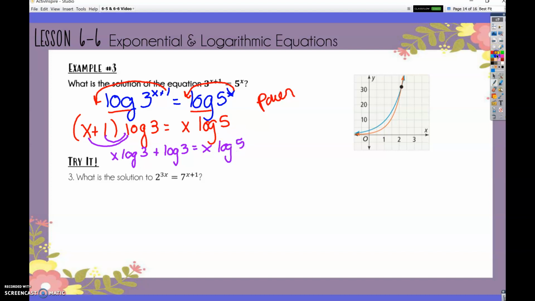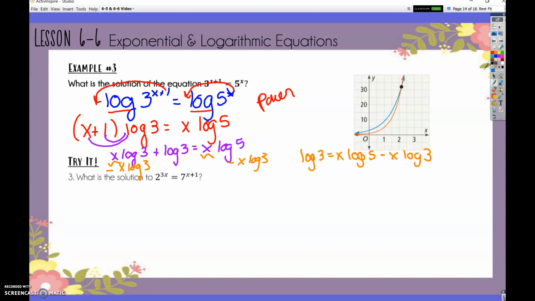Both of the terms that have x's now, I'm going to get on the same side. So I'm going to subtract x log 3 from both sides. So I would have log of 3 equals x log 5 minus x log 3.